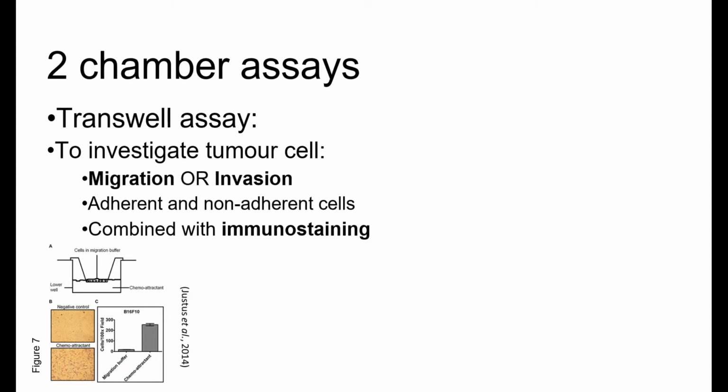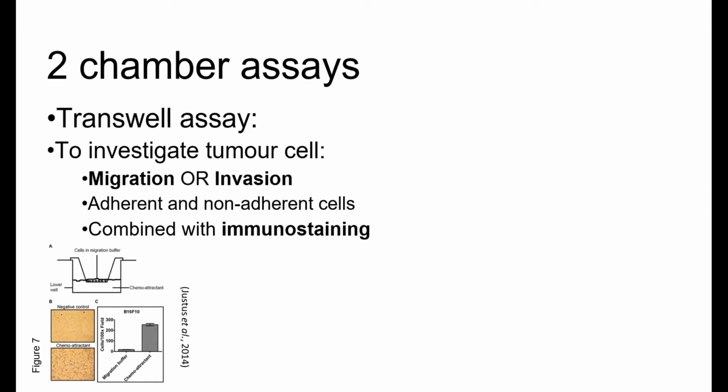We will seed our cells on top of the permeable membrane, so there will be lots of pores in it, and in the lower well we will have our test compound, whatever that may be. If the cells are able to migrate through the pores of the membrane, then you can stain them with something like cresol violet, which we can see in figure 7, and you can count them using a hemocytometer. And you can see here that these cells have in fact moved and migrated towards the chemoattractant.